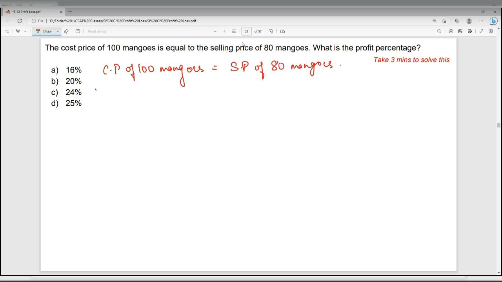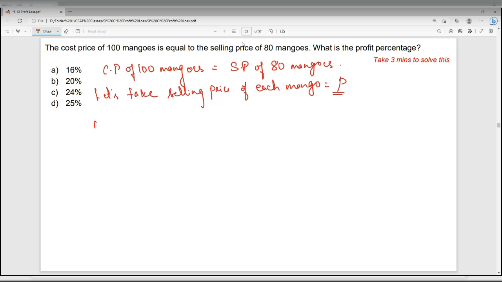So let's take the selling price of each mango to be P.